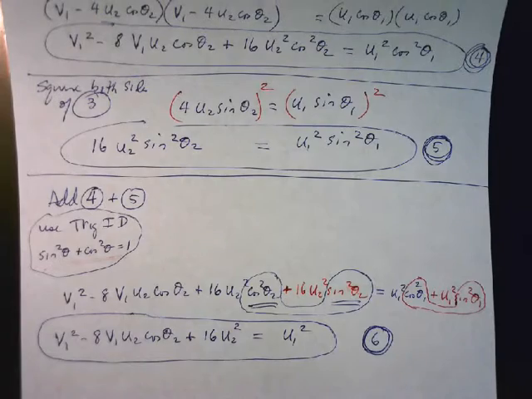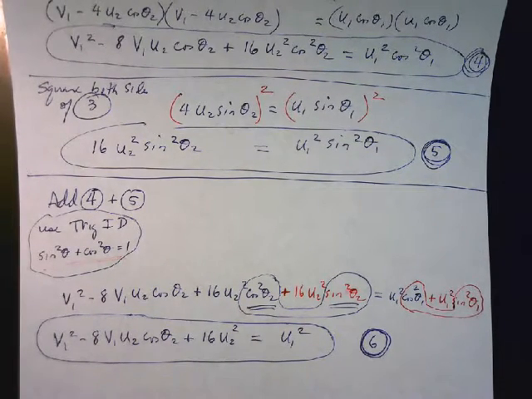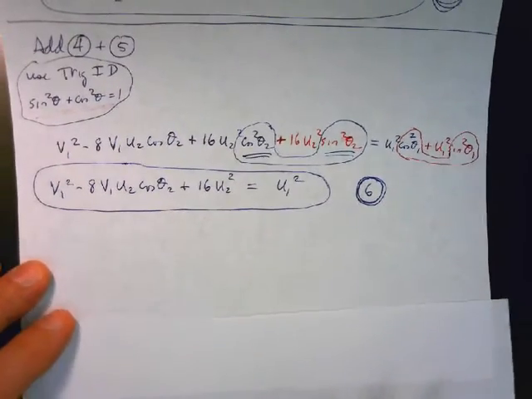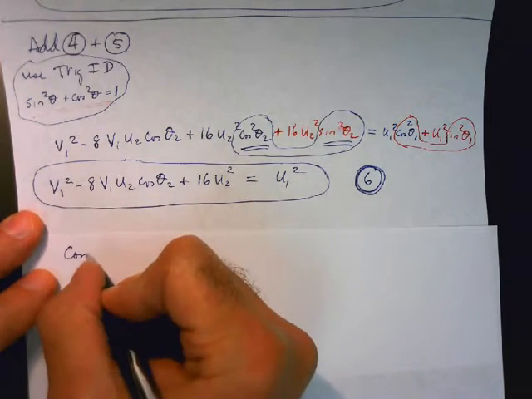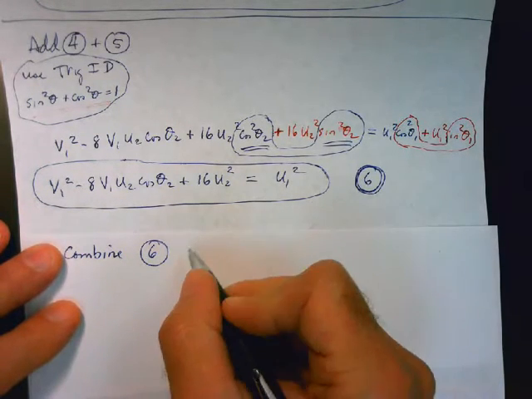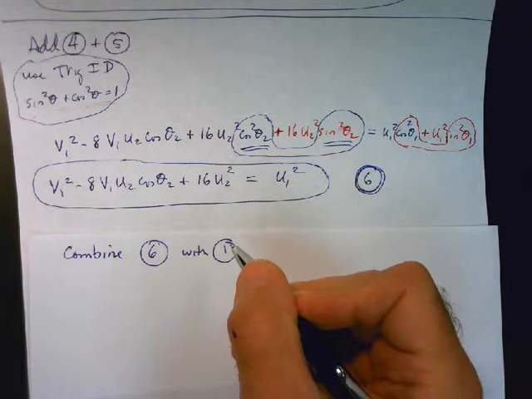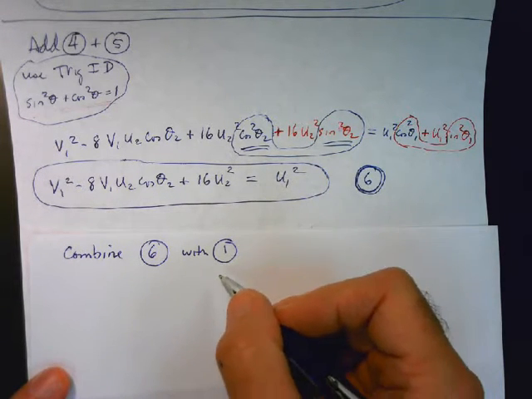Alright. Well, we're not done yet. Now if we combine this equation 6 all the way back with equation 1, and if you think back, 1 was the result of the law of conservation of energy.